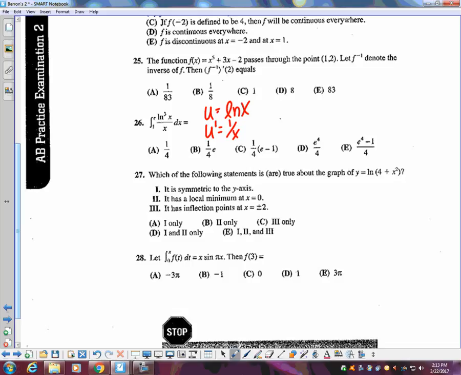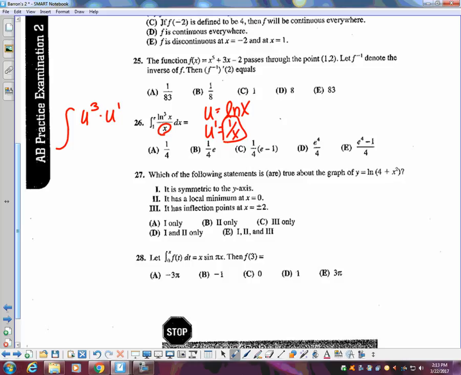See the x on the bottom right there? That's your 1 over x. So what I have right now is the integral of u to the third times u prime, because remember, u prime is 1 over x. Make sure that makes sense.